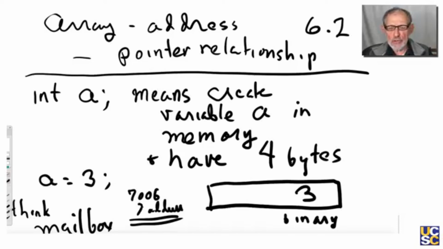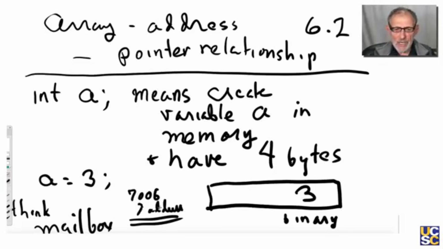So an integer on most computers now is stored in 4 bytes. 4 bytes are 32 bits. And if we say something like a is assigned 3, then what that means is in these 4 bytes we put an appropriate representation, binary 3, and it's going to be in some location in memory.